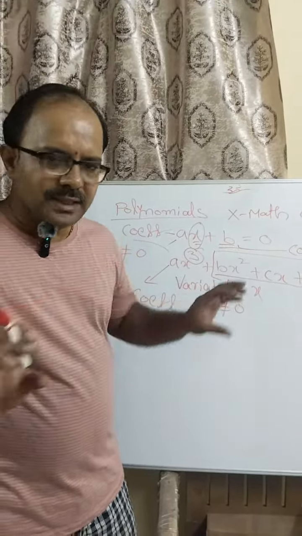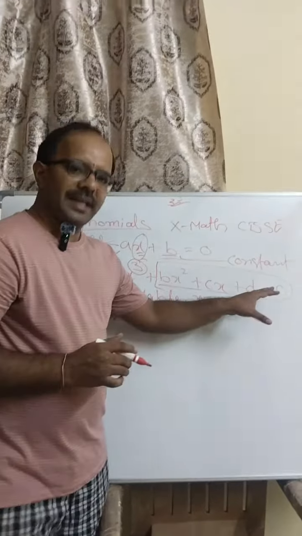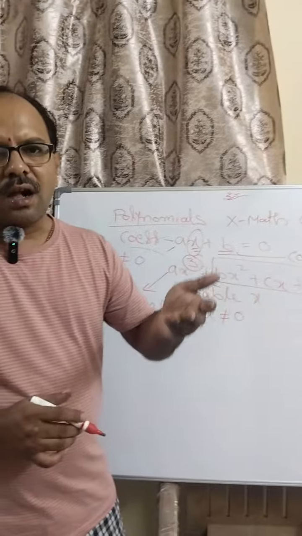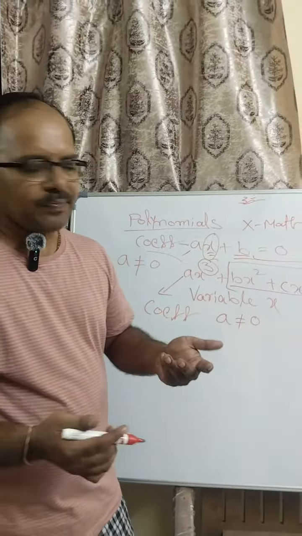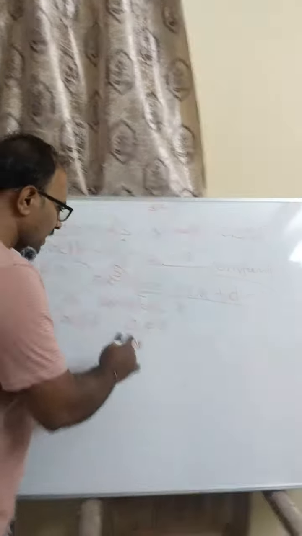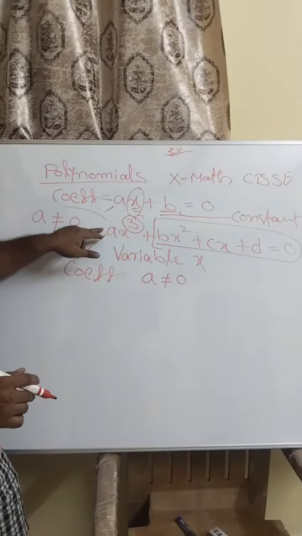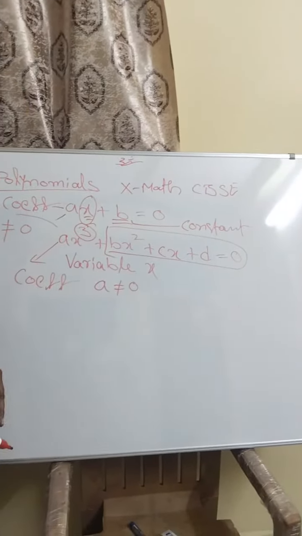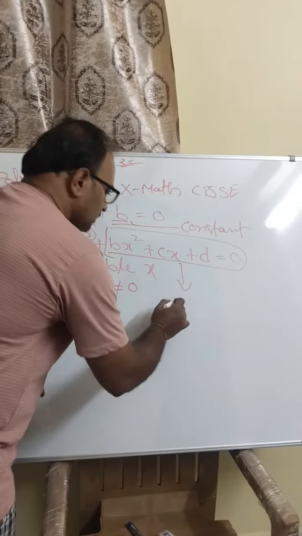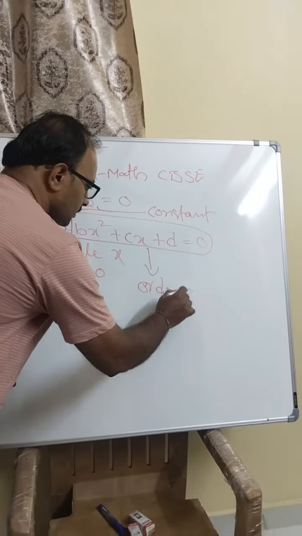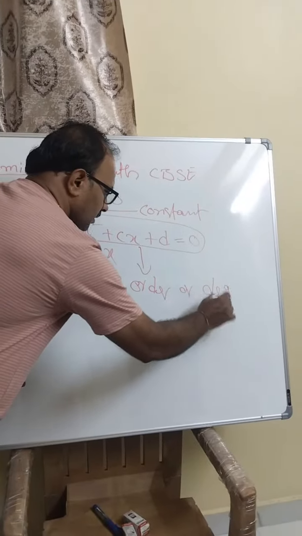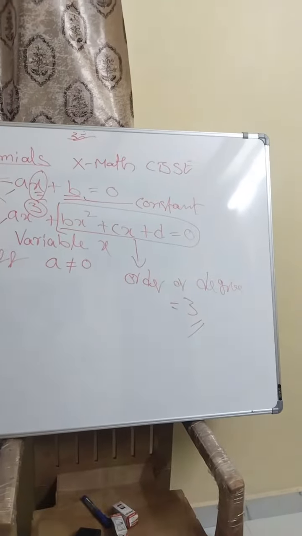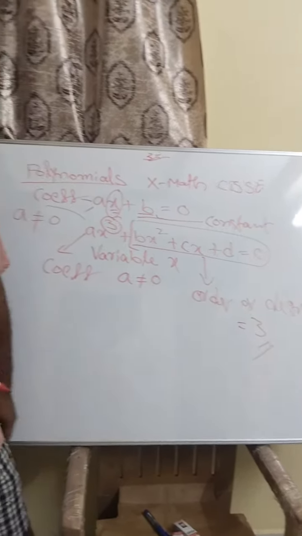So if you have any polynomial equation, its order and degree are the same. Let us say a is not equal to 0. Considering the same expression, ax cube plus bx square plus cx plus d equal to 0, the order or degree of the polynomial is 3 here.